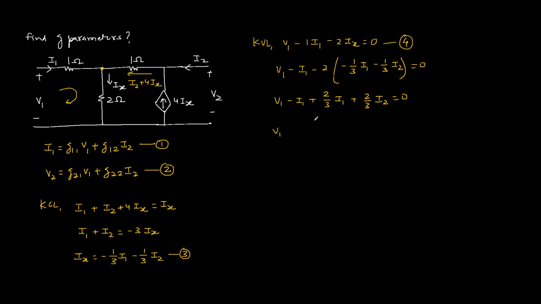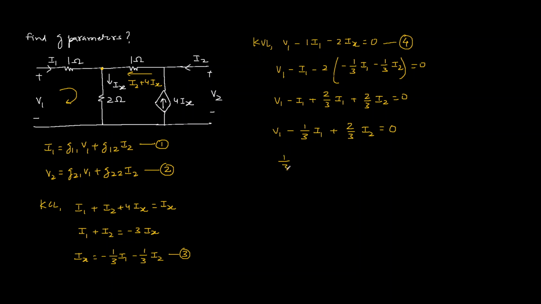So 2 by 3 minus 1 is minus 1 by 3. So this is minus 1 over 3 I1 plus 2 by 3 I2.